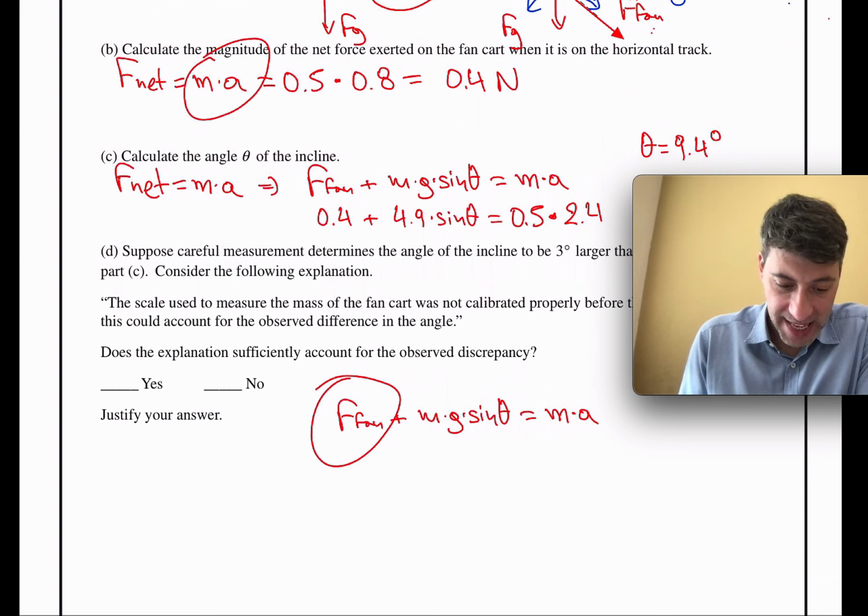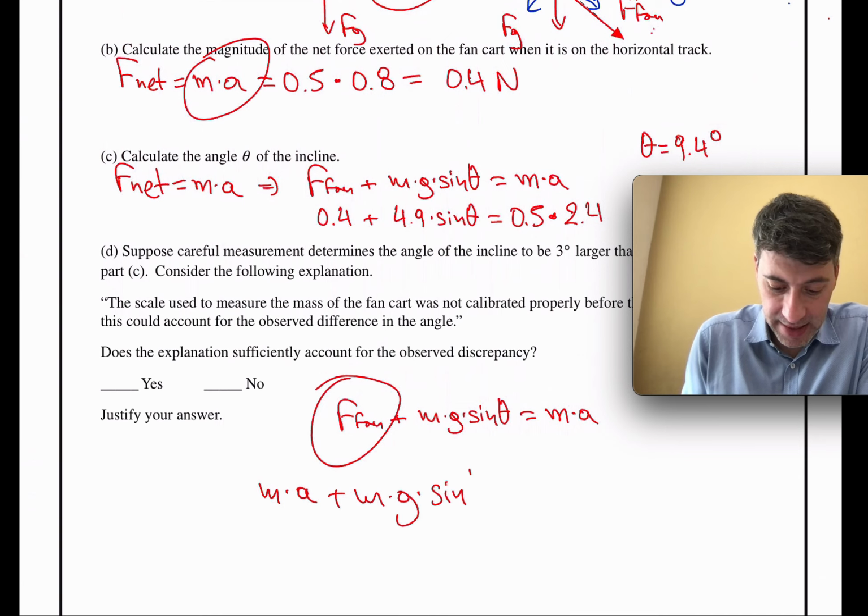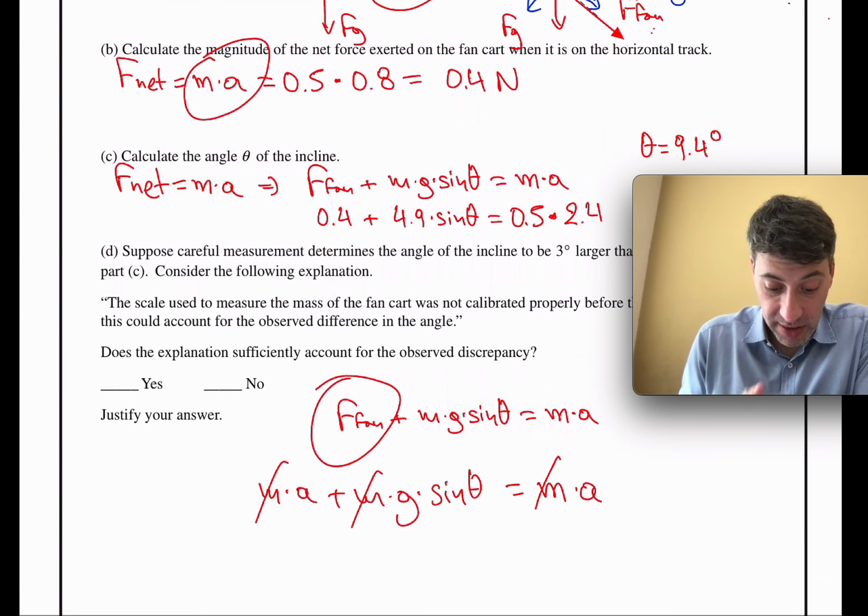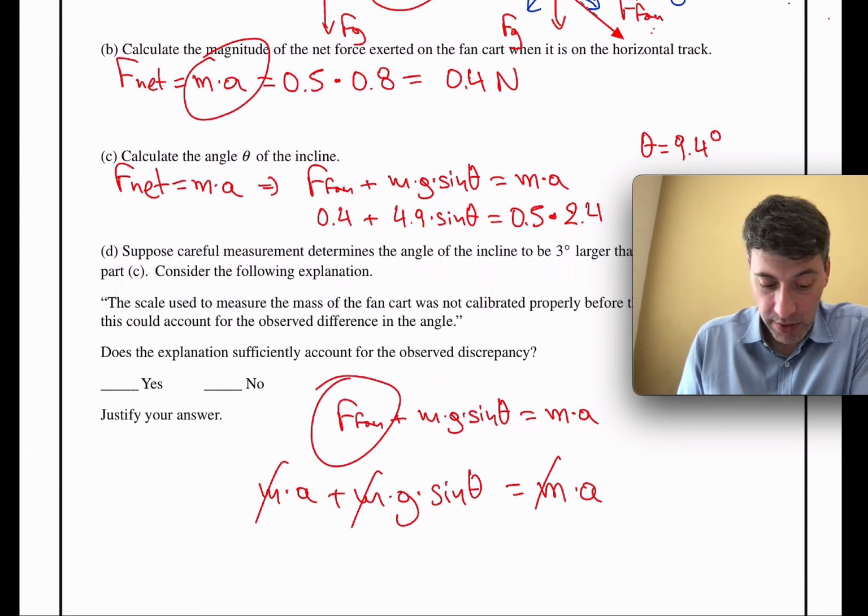So I'm going to replace this: m times a plus mg sine theta is equal to m times a. And since there is no friction, actually the mass should not be a factor here. So since the mass is cancelled out, then the angle theta is not affected by the value of the mass.